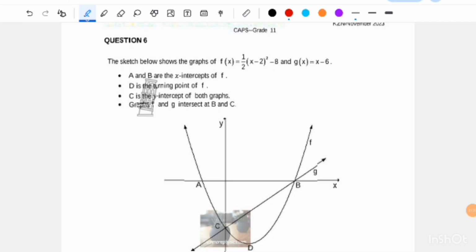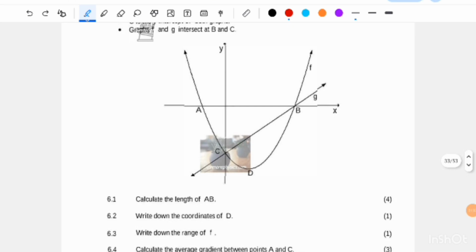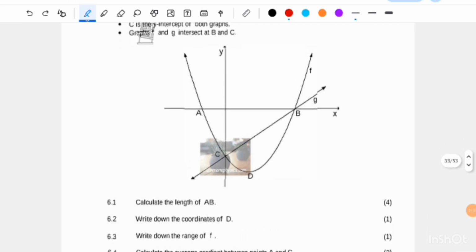They said D is the turning point. Now we know that we have a parabola and a linear graph, right? Now the first question says calculate the length of AB, from here all the way to this point.